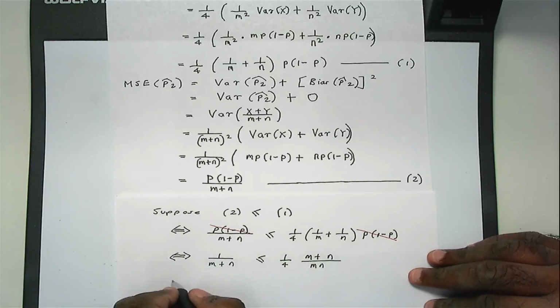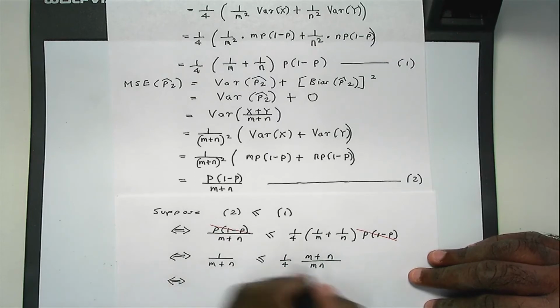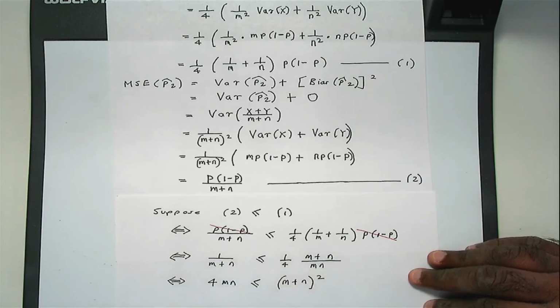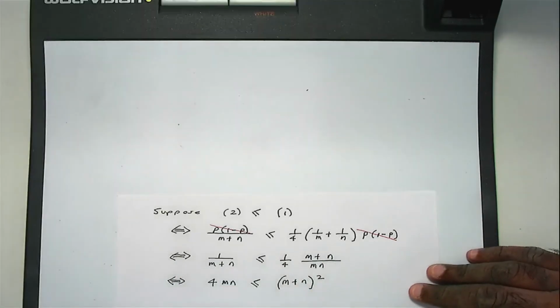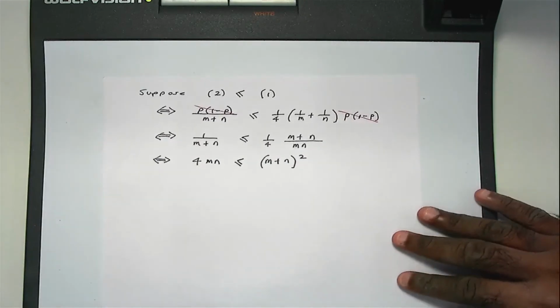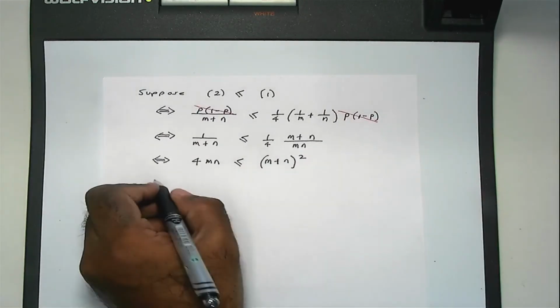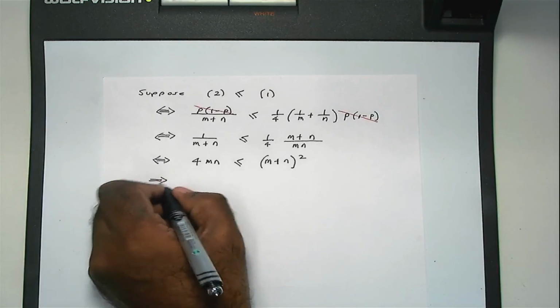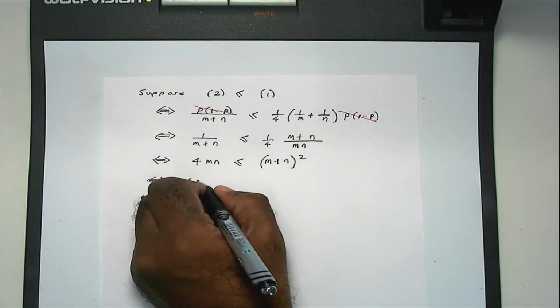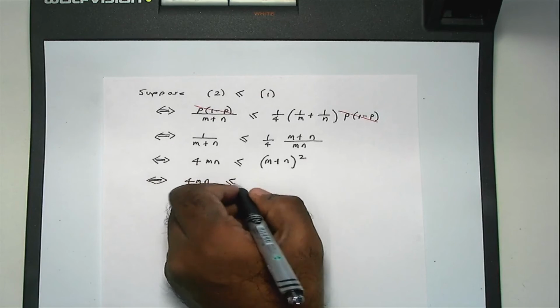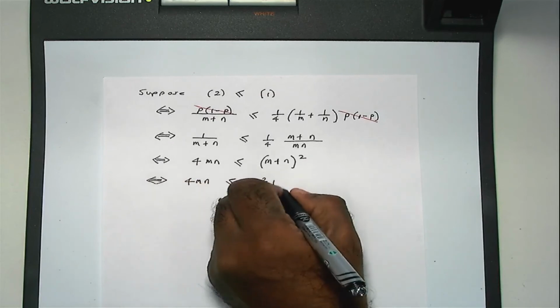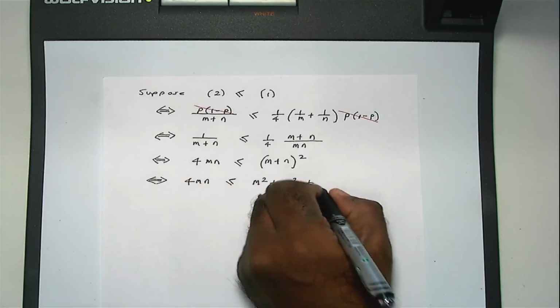And this is the same as saying that, let's bring this here, 4mn is less than or equal to m plus n squared, right? Now we should expand the right hand side. You have 4mn less than or equal to m squared plus n squared plus 2mn.